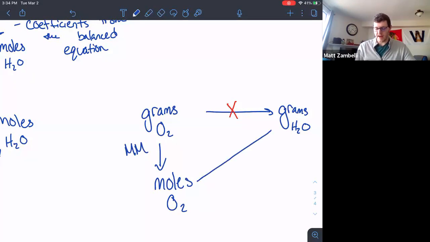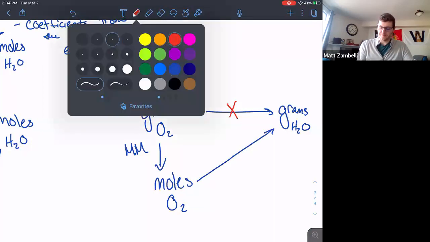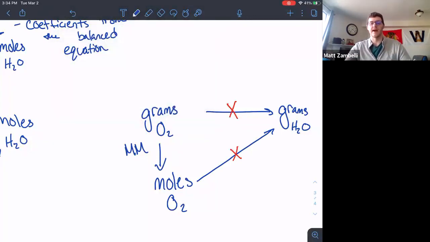Now, can I go from moles of oxygen to grams of water? All right, I heard no. We can't do that either. What can I go to if I have my moles of oxygen? We can go to moles of water though. So we still want to use water because we're trying to find grams of water, but we can go to the moles of water.